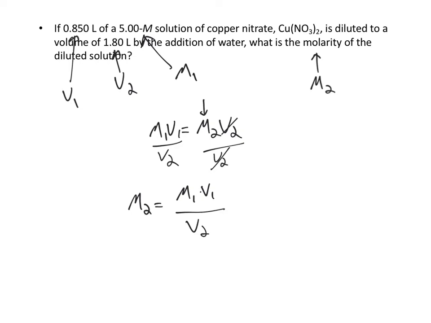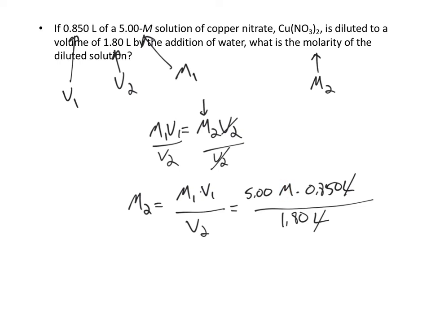All right, and so I can go ahead and put my numbers in. My initial concentration is 5 molar. My initial volume, 0.85 liters. My final volume, 1.8 liters. And so you can see the liters cancel, and my units will be molarity, which is good.